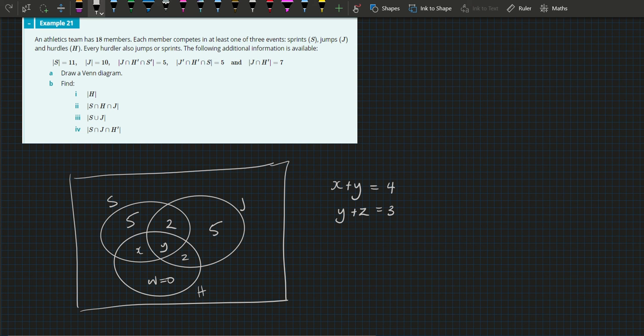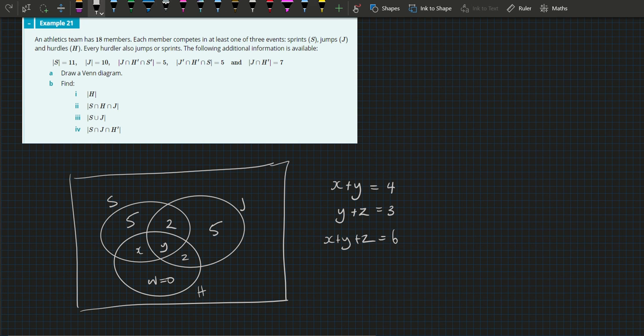Is there anything about the intersection of J and S? Oh, and one, oh yes, sorry, there's one more too. So it has to be 18 in total. So I also know that X plus Y plus Z has to equal 18, and I have 12, so it equals 6. Is that right?